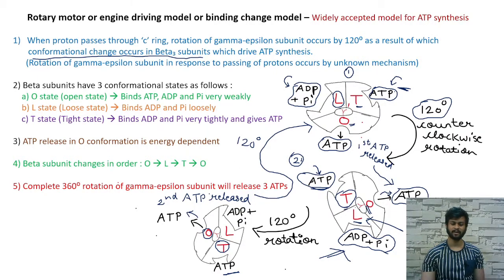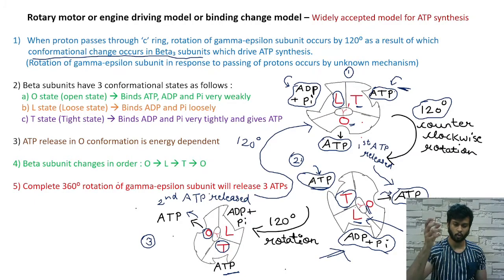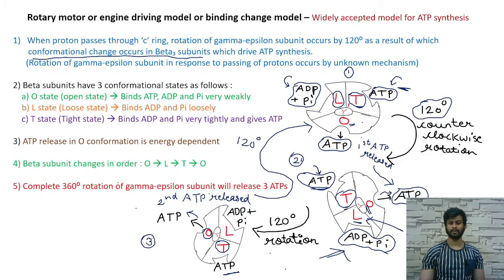You can also imagine it from the third figure, that after another 120-degree counterclockwise rotation, the O side will be facing downwards, the L side will move to the left side, and the T side will be present above.